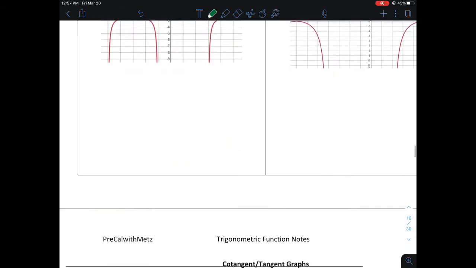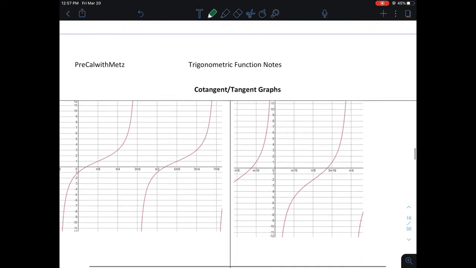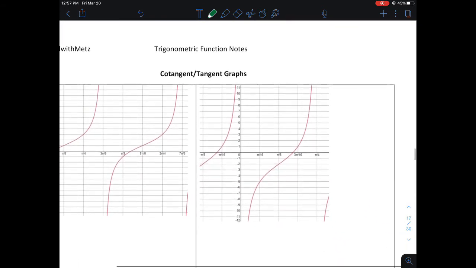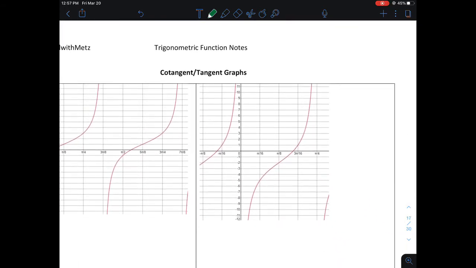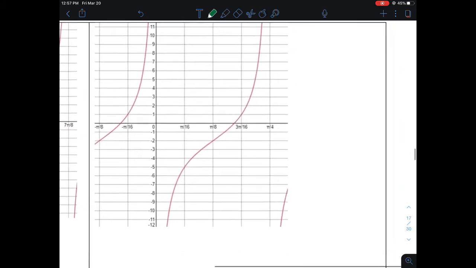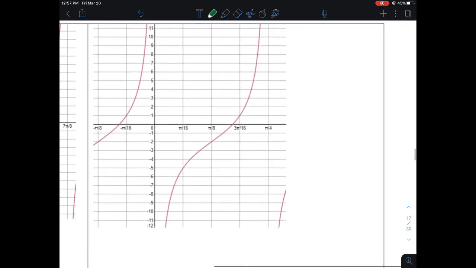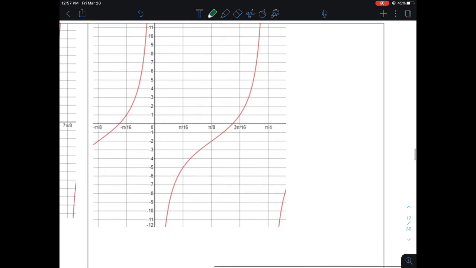Now let's look at a third type. So let's look at this one right here. And I want to identify the kind of function. Well, the only two kinds of functions that look like this are tangent and cotangent.